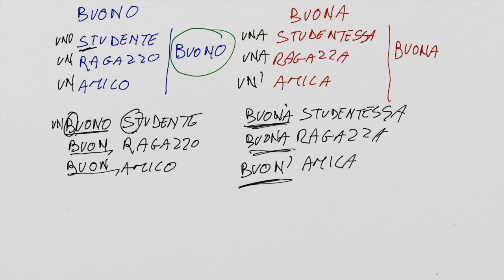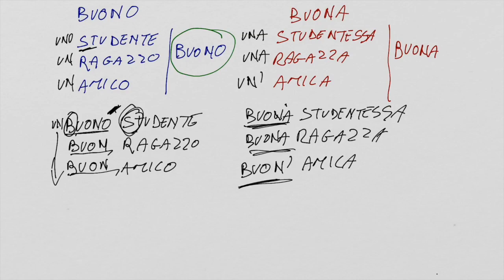S plus consonant told me how to use buono, but now I have un in front of buono. So buono is starting with a B, so just a regular consonant, so I use un, and it will be the same for the others. Un buono studente, un buon ragazzo, un buon amico.